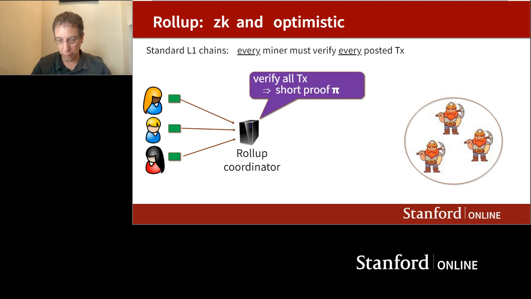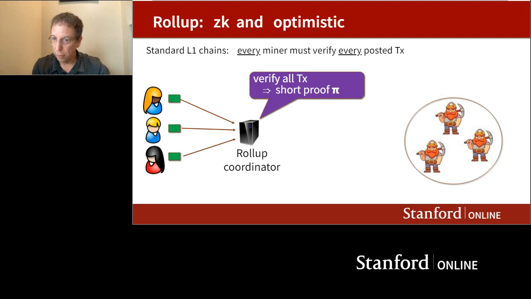This is done using something called a SNARK, a succinct non-interactive argument, which allows you to efficiently create a very short proof that all the transactions are valid, and verifying that proof is also very simple. So literally, you can take thousands of transactions, compress them into a single commitment, and provide a proof that the commitment represents a valid set of transactions, and anyone can very easily verify that those transactions are all correct.